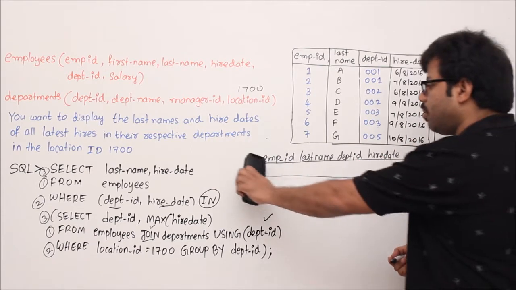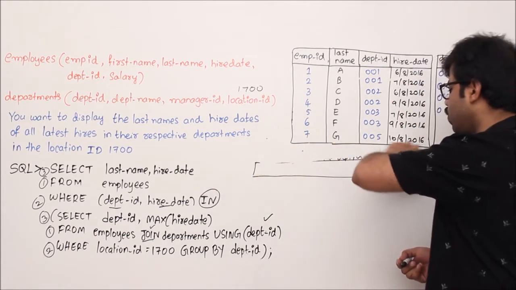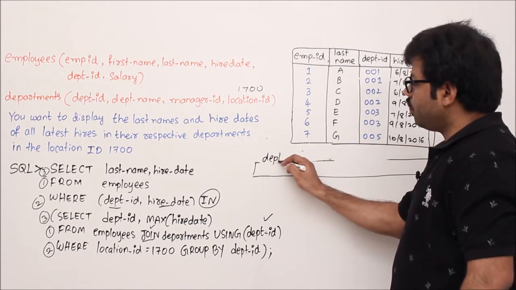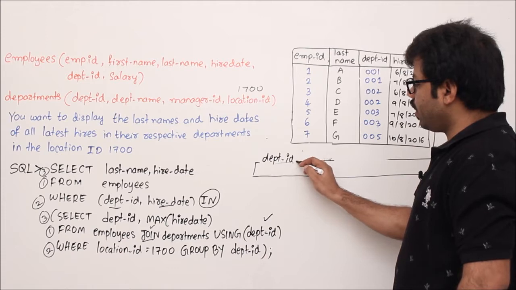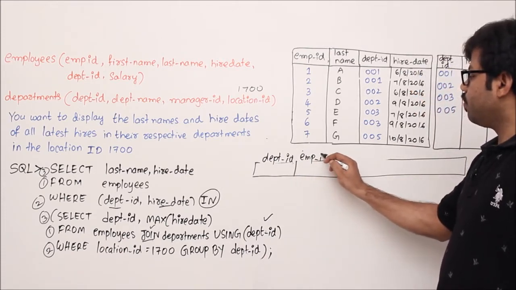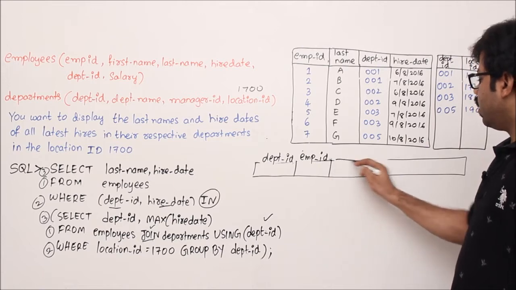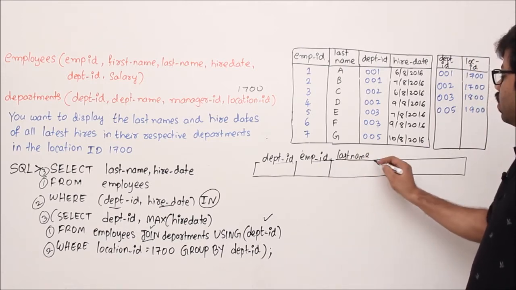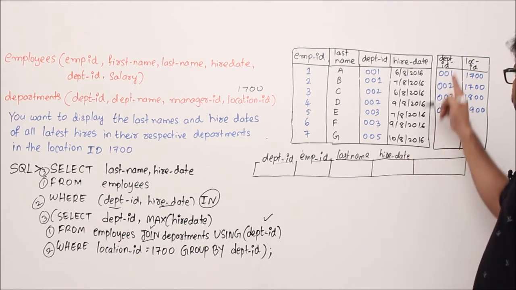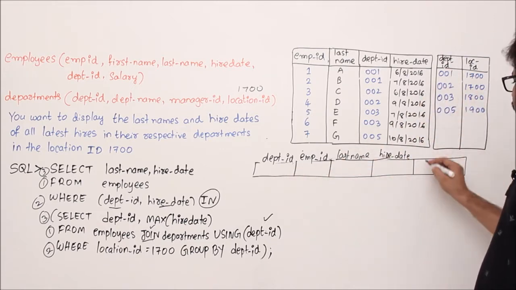Usually, the tradition is people write department ID first, which is the common column we are equating. So let's write department ID, then employee ID, then last name, followed by hire date, and location ID.